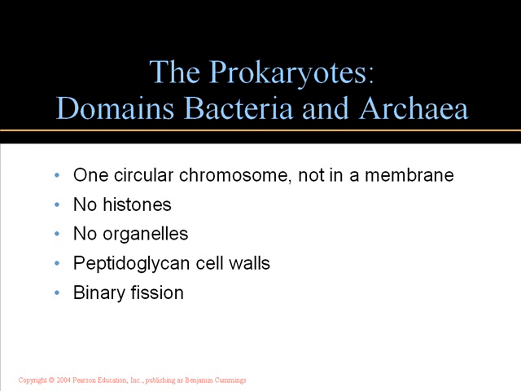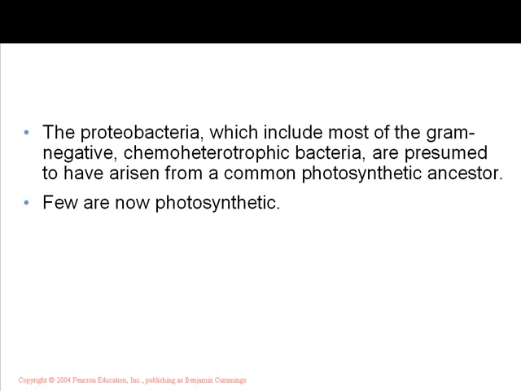If you look at the eukaryotes, if you recall, the genetic information is in a membranous organelle. You don't see a membrane surrounding the circular chromosome. You don't see the organelles as you see in the eukaryotic cells. There are no histones that allow the DNA to wrap around and pack into a tight nucleus. You do see peptidoglycan in the cell walls. It separates by binary fission.